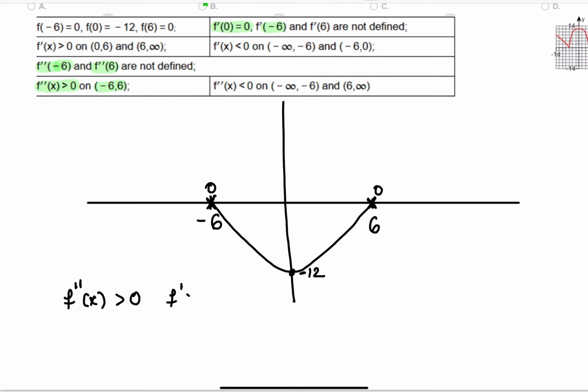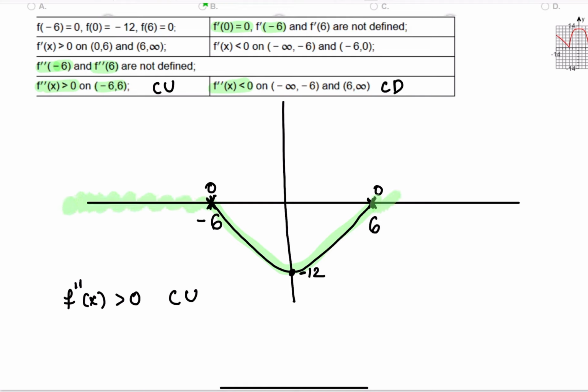That means f prime is increasing and it's concave upward. So if we have f double prime less than 0, that means this is concave downward, this is concave upward. So the first part is taken care of. It is concave upward. Now let's go ahead and see what happens in this area.